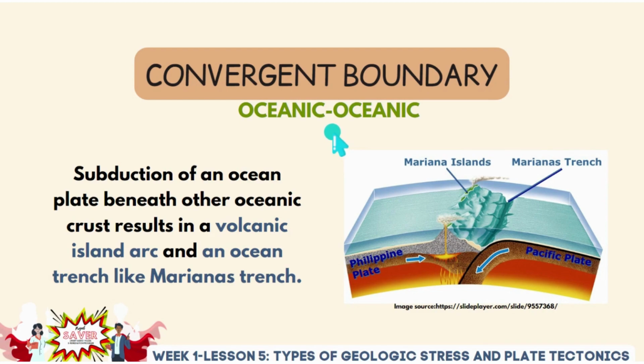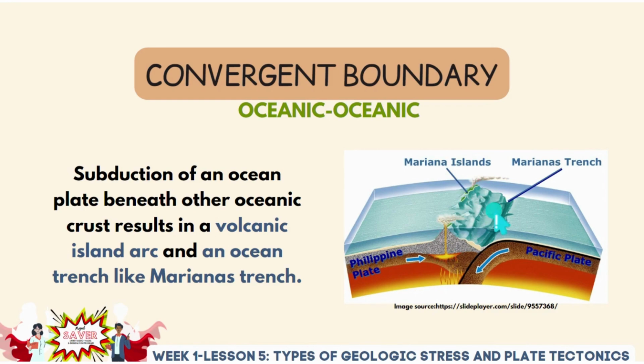So subduction of an ocean plate beneath other oceanic crust results in a volcanic island arc and an ocean trench like Marianas Trench. Makikita natin dito na even though it's in the ocean, meron pa ring mga na-form na volcanoes.